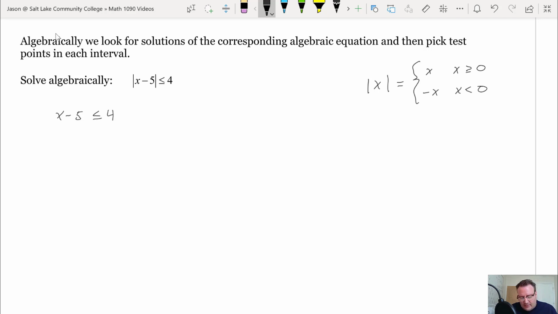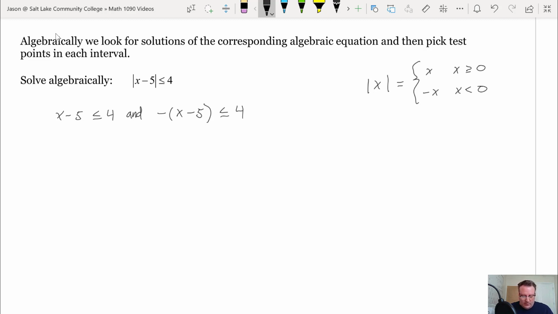But if the x minus 5 expression is negative, then I would have to take the opposite of that expression, which would be negative 1 times, in parentheses, x minus 5, and set that less than or equal to 4. And really what I want here is the x values that solve both of these inequalities, so I'm going to put the connective word "and" in between these two inequalities.